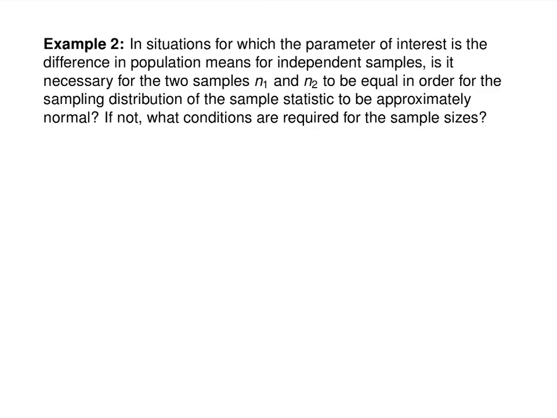In situations where the parameter of interest is the difference in population means for independent samples, is it necessary for the two sample sizes to be equal in order for the sampling distribution of the sample statistic to be approximately normal? If not, what conditions are required for the sample sizes? So once again, no, this is not required.